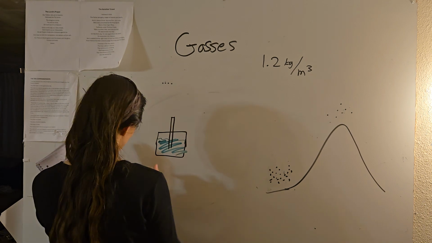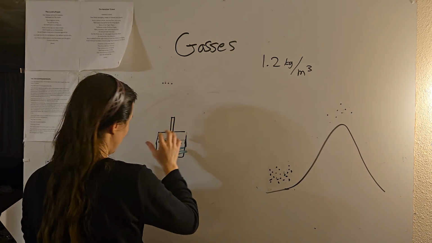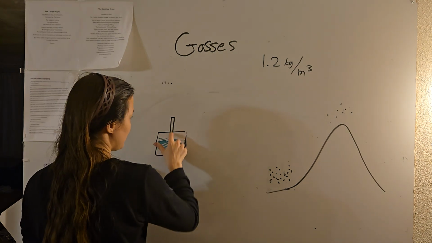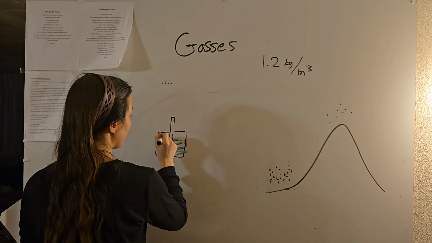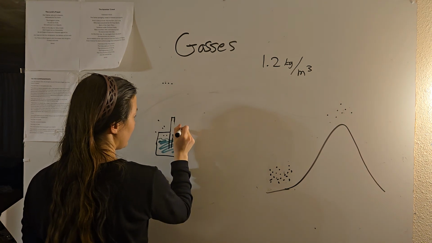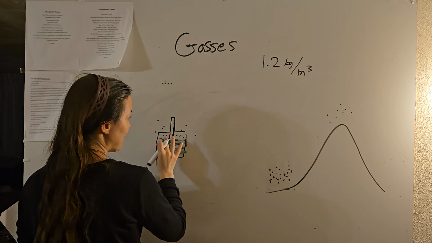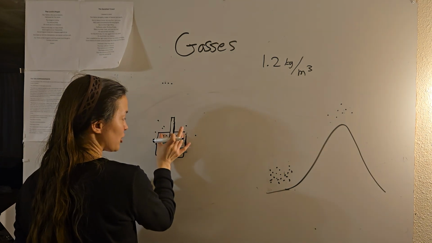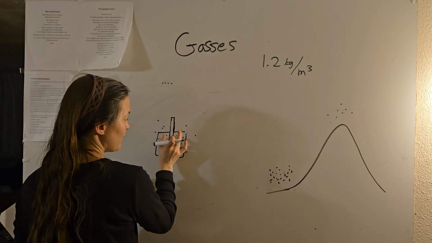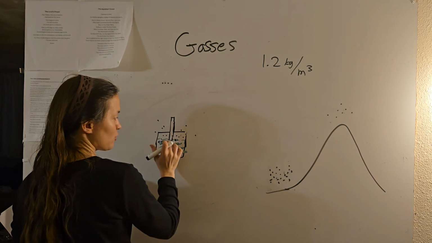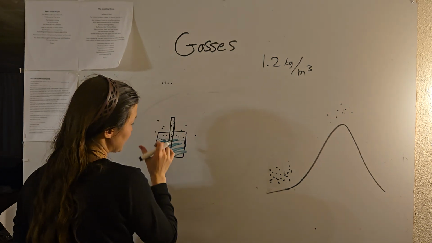What's actually going on is that with your mouth, you're creating a vacuum. You're sucking the air molecules out of this part of the straw. Remember, there are air molecules around your drink. Before you sucked on the straw, there were air molecules in the straw too, all pushing down on the liquid the same.